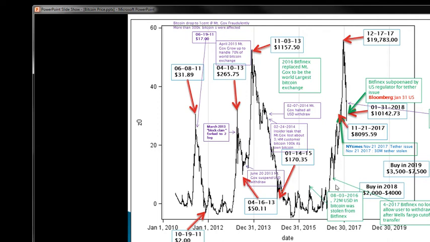So a lot of people try to buy it here, and then some people who held the Bitcoin sell it. So basically buy and sell. They push the price to here, 20,000.